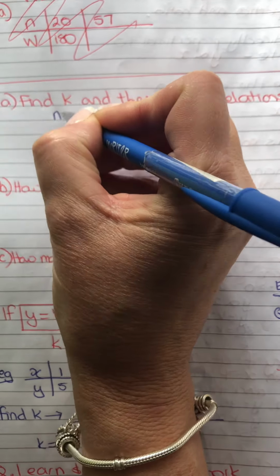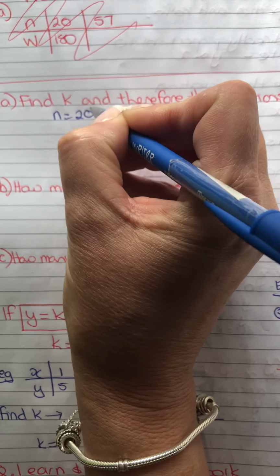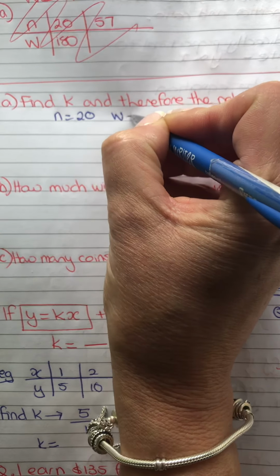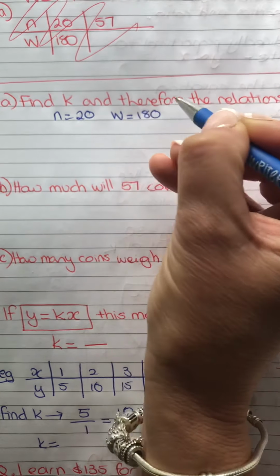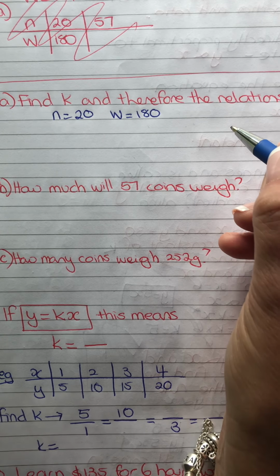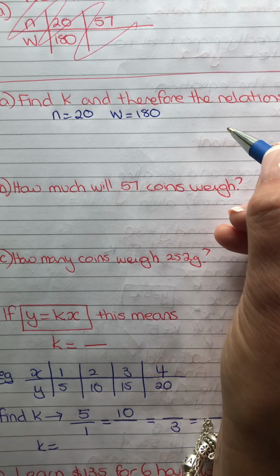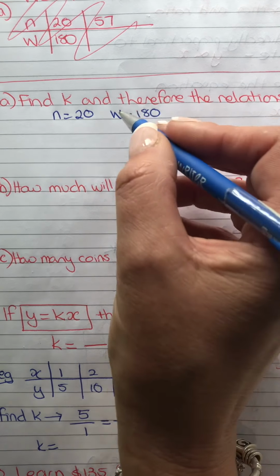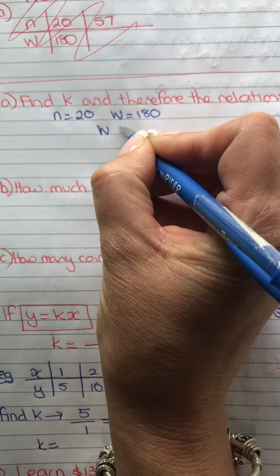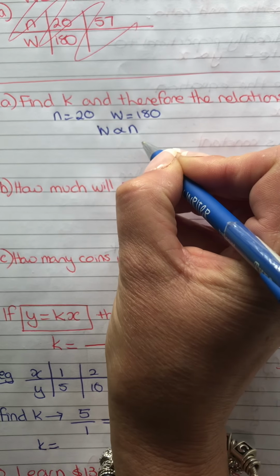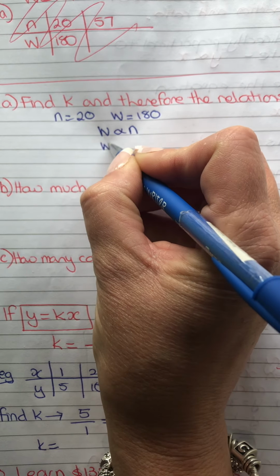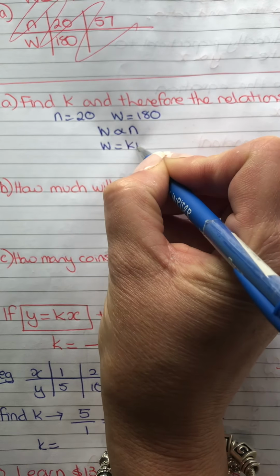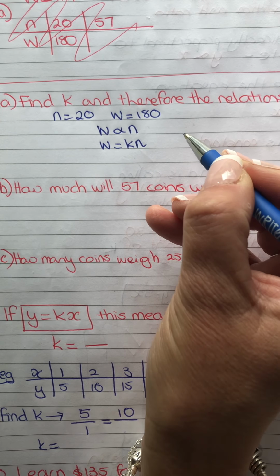So what is it that we know? We know that N is equal to 20 when W is equal to 180. That was given to us in the question. You should have the question in front of you because you've written it out. And we know that W varies directly with N. So our next step is W equals kN.